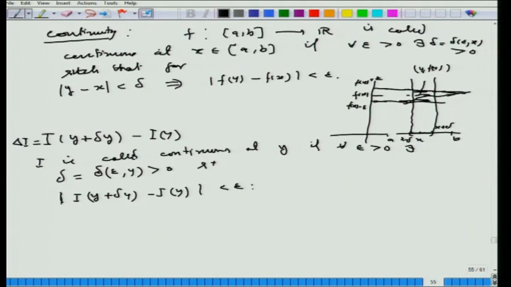So, it is extended in the same manner as the function case. The continuity of this functional is defined in the same manner.